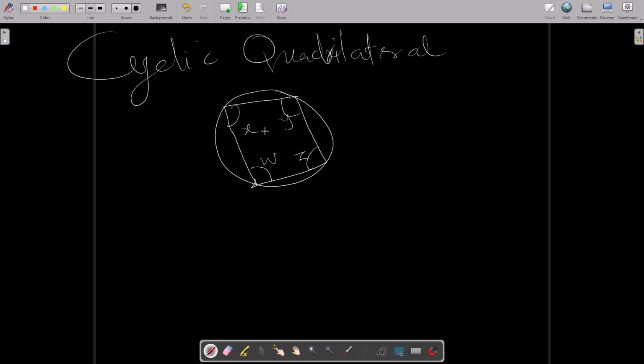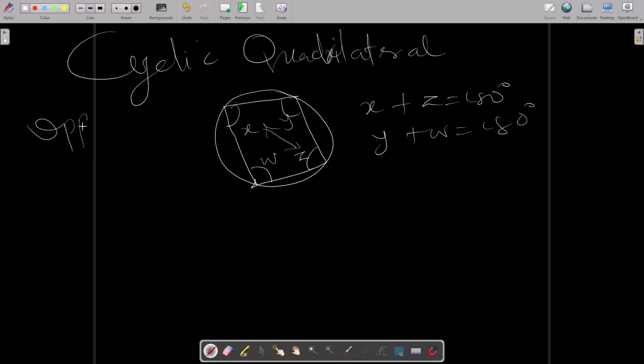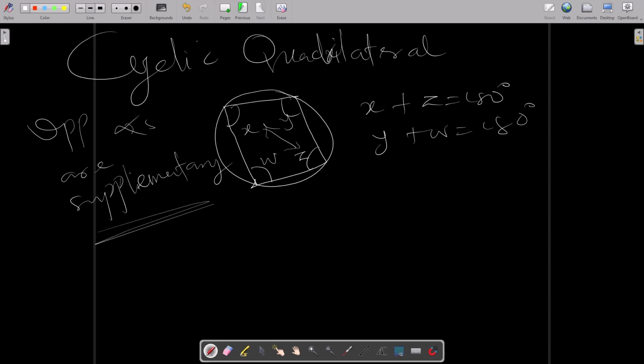This means that x plus z is equal to 180, y plus w is equal to 180. It says opposite angles are supplementary.